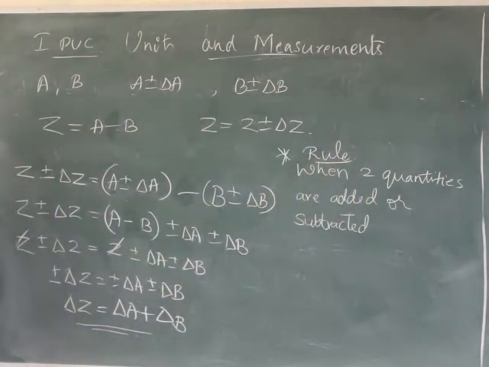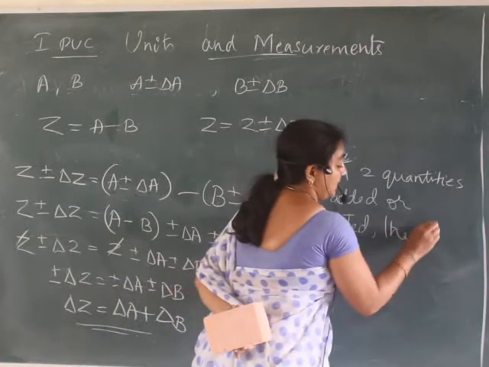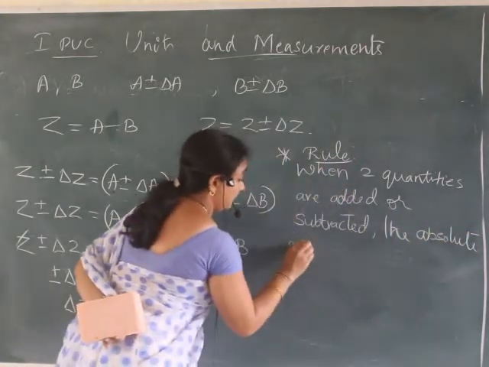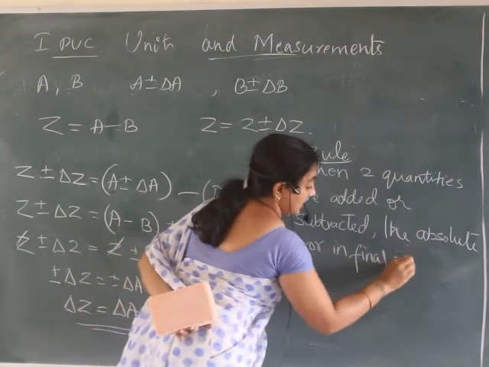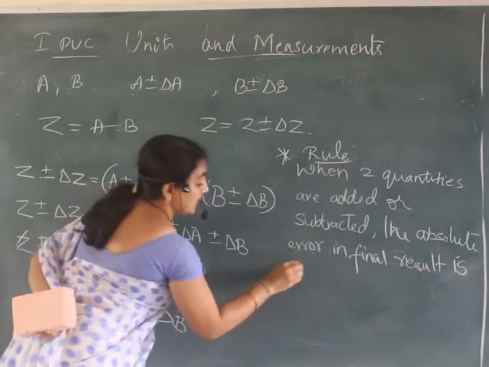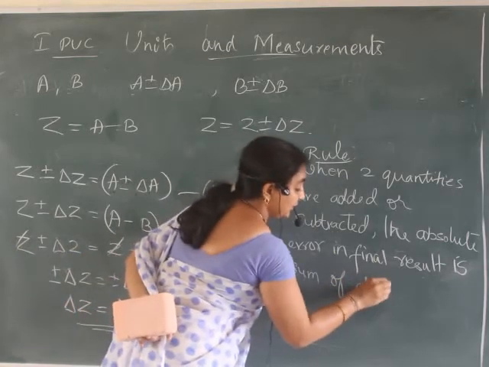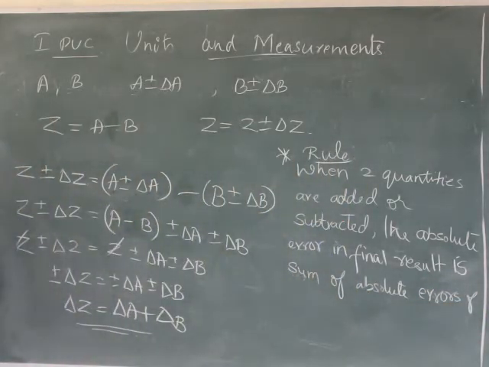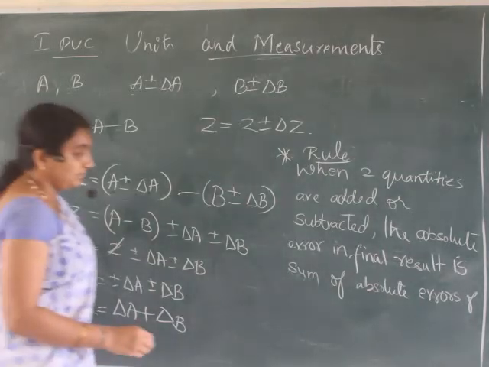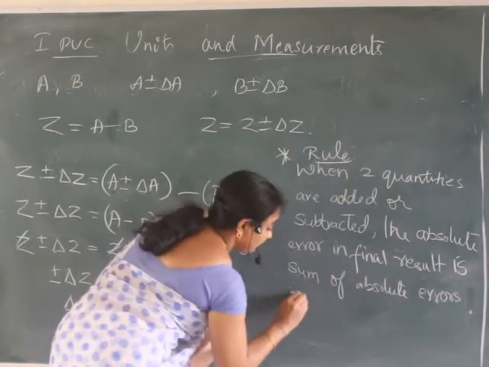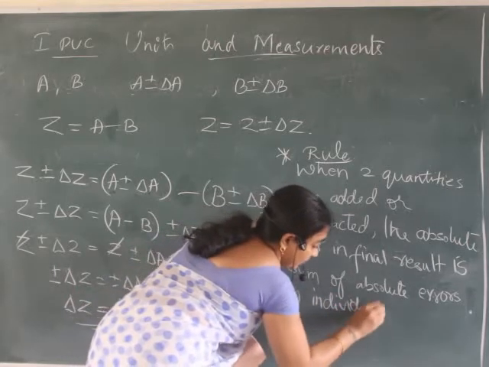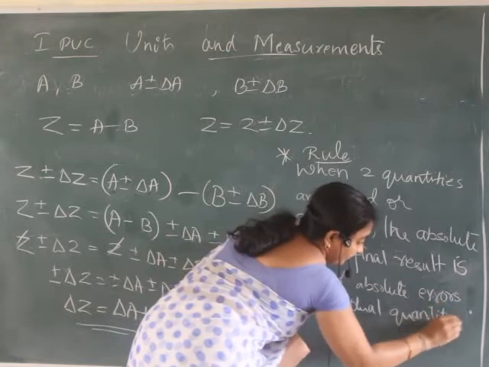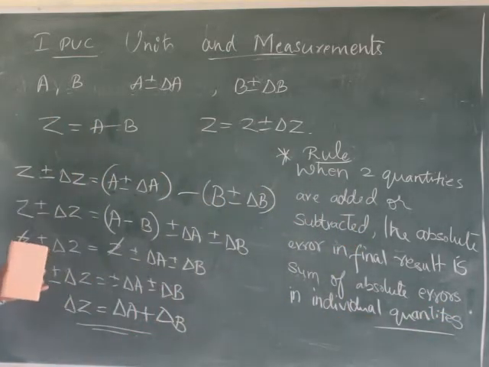When it is added or subtracted, the absolute error in the final result is the sum of the absolute errors of the individual quantities. This is the rule for adding and subtracting.